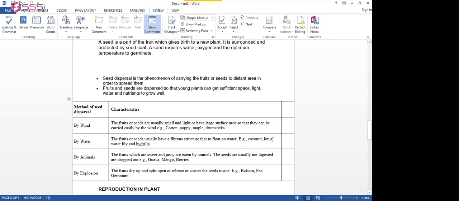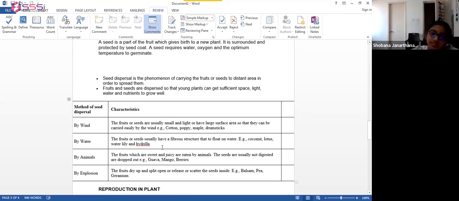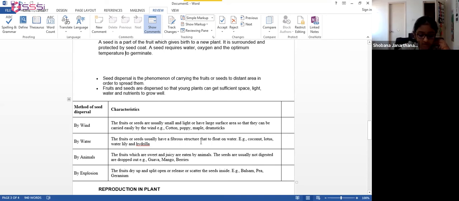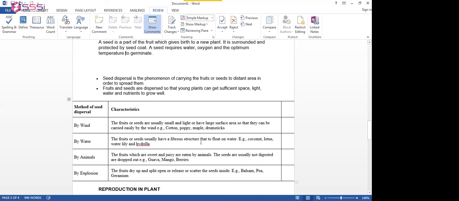It will float. Lotus, water lily, hydrilla. So seeds with a fibrous structure are very light. Fibrous means kind of fiber. If you saw the outside of a coconut, it's fibrous, right? It's very light and can float on water.